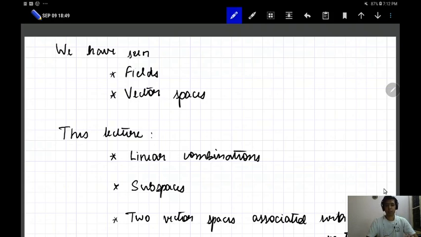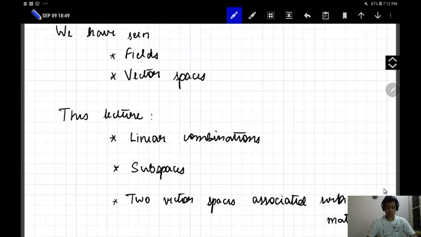In particular, we'll see what linear combinations of vectors are and how they can generate vector spaces and subspaces. And in relation to this, we'll see two vector spaces associated with a matrix, which will be particularly important in the context of solutions of systems of linear equations.